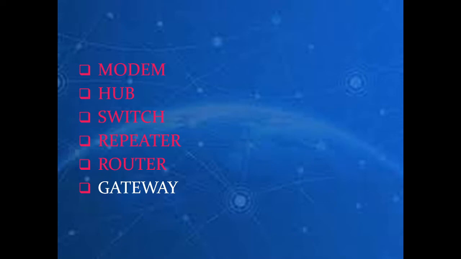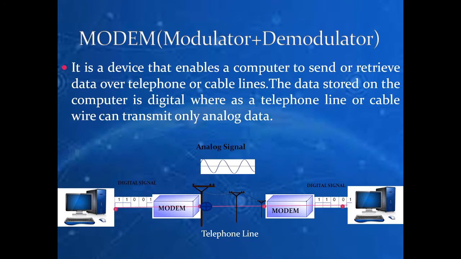We have this many network devices in our syllabus. Apart from these, some other network devices are also used in network connectivity, but according to our syllabus we are going to discuss these. Okay, so let us start with the first network device, that is modem.